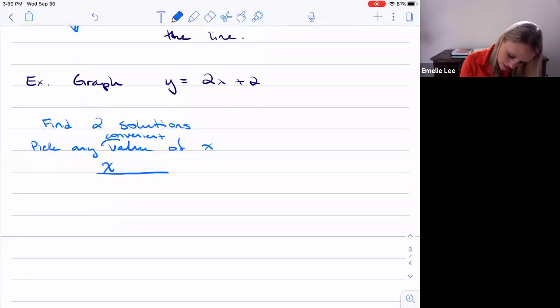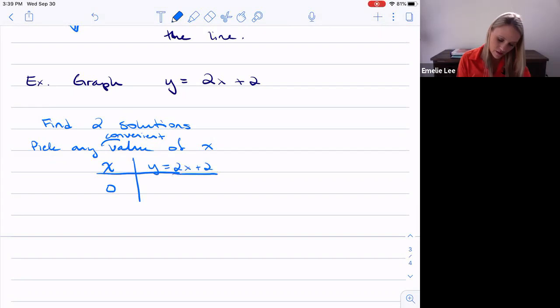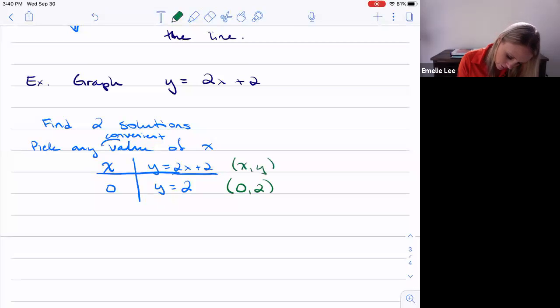So if I set up this kind of table here, if x is my go-to 0, then y equals 2x plus 2. If x is 0, then y would be 2. Okay. So now, the first point that I have is at 0, 2, right? Because for ordered pairs, we list them as x comma y, right? So when x is 0, y is 2.